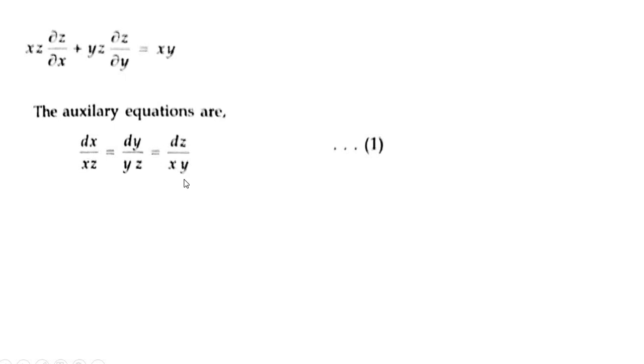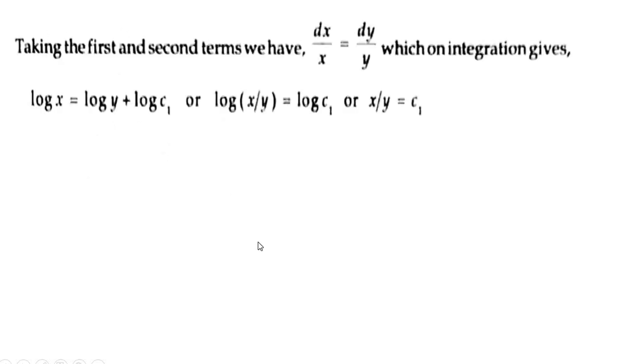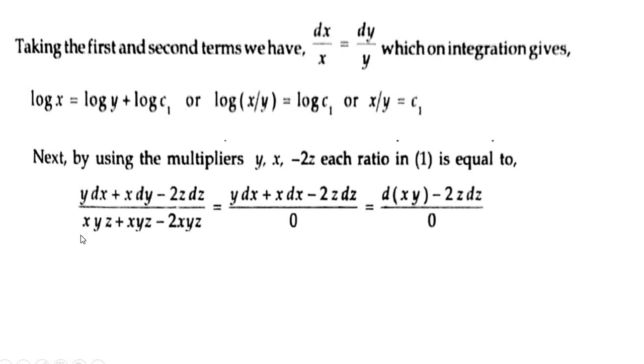So 2xyz minus 2xyz is equal to 0, which means I have to consider my third multiplier as minus 2z. When you multiply your third term with minus 2z, you get minus 2xyz, and plus 2xyz minus 2xyz will be equal to 0. Okay. So the first term I have multiplied with x, you get xyz.